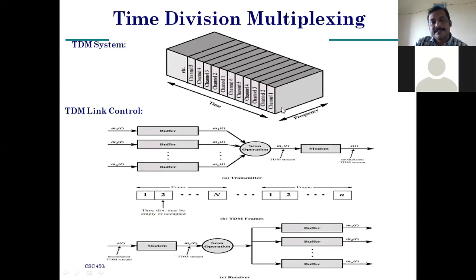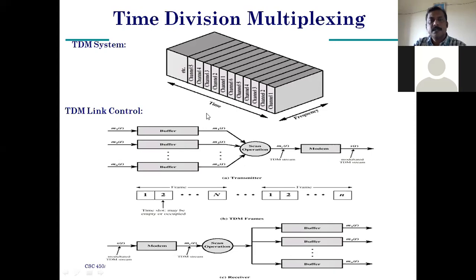In frequency division multiplexing, there is a frequency, and that frequency can be divided into a number of sub-frequencies. So here in time division multiplexing, the frequency slot is free. We don't want any kind of frequency. Here we want only the time slot.